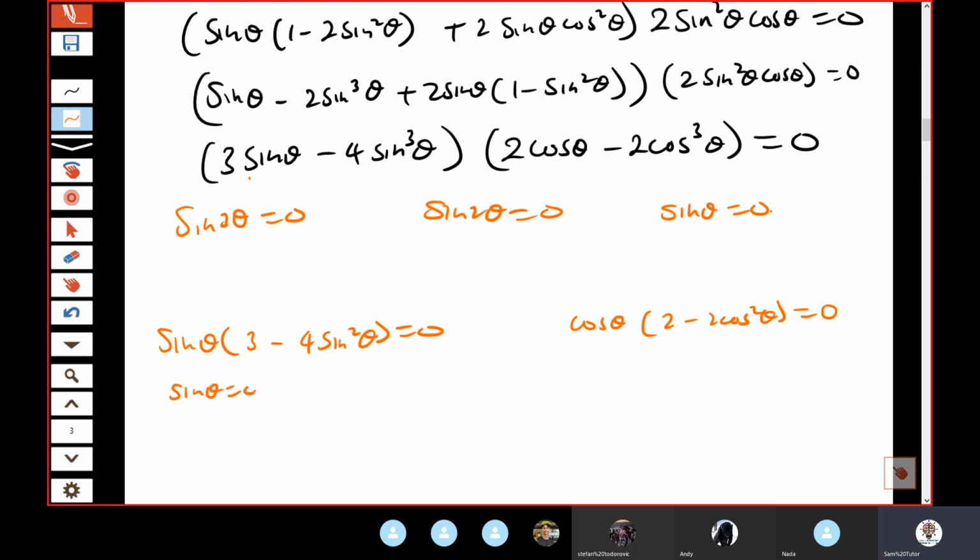Sine theta equals 0, and then 3 minus 4 sine squared equals 0. Same thing with this one, cos theta equals 0, and then 2 minus 2 cos squared equals 0. Sine squared equals 3 over 4, and then square root that, plus minus root 3 on 2, and then that should just work out. And same thing with this guy, cos theta equals plus minus 1, and it should work out.